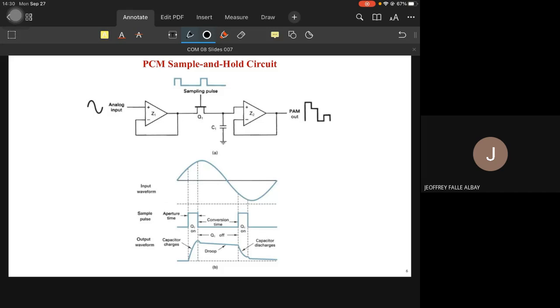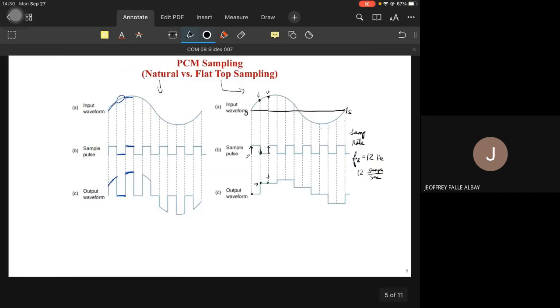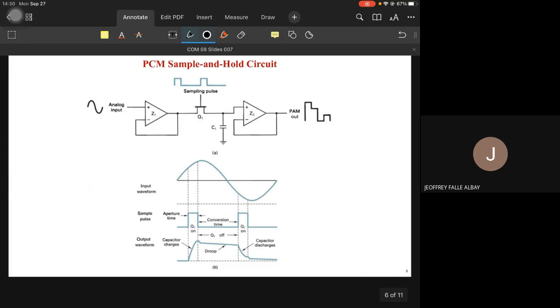So this is the PCM sample and hold circuit for flat top sampling. It consists of just a transistor and a capacitor. These two op-amps are just buffers. The explanation is that we need a device with a very low output impedance to do the job of a sample and hold circuit.